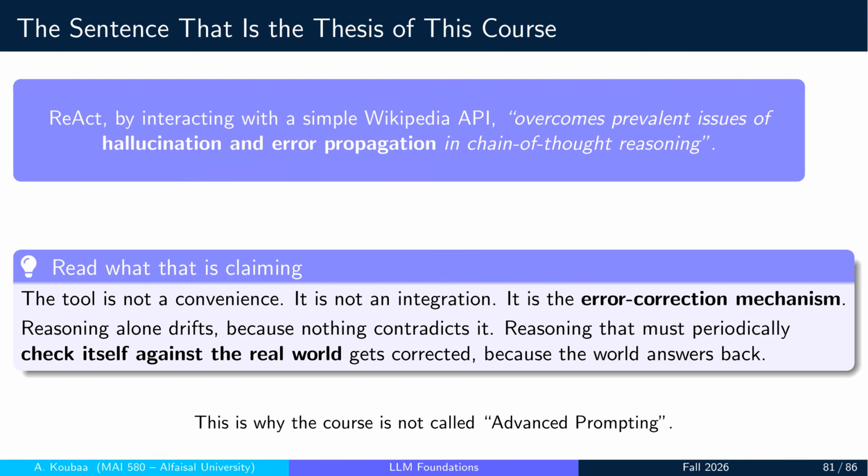It is the error correction mechanism. Here is the reason in 2 sentences, and this is the most important part of the lecture. Reasoning alone drifts because nothing contradicts it. A wrong step produces the next step, and there is no force pushing back. Reasoning that must periodically check itself against the real world gets corrected because the world answers back. That is the whole argument.